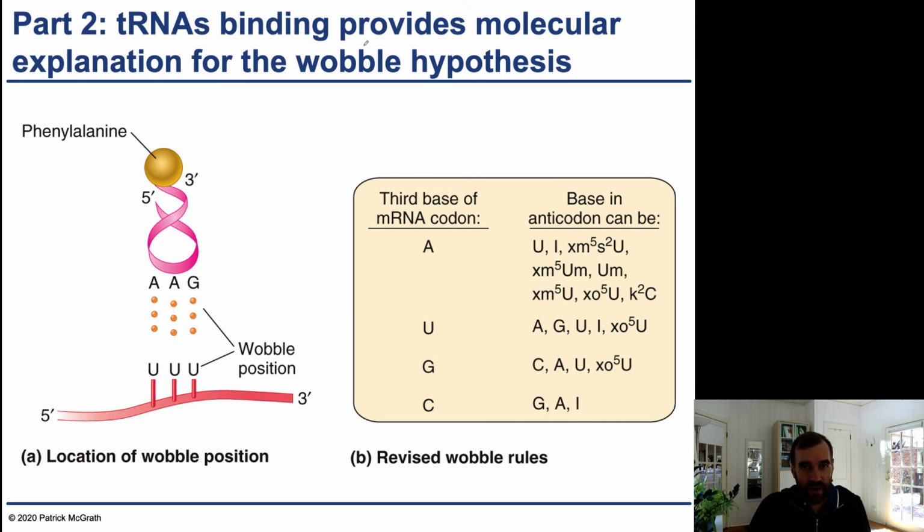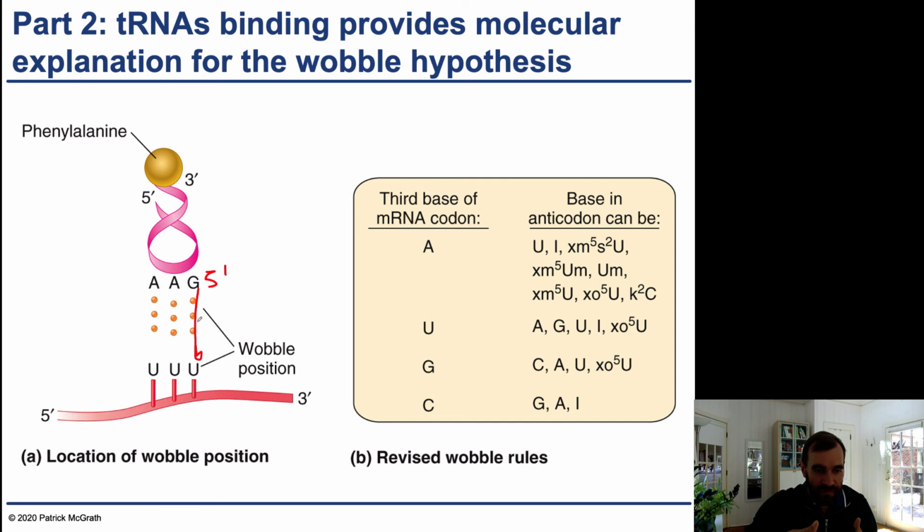So the study of the tRNAs also provided us with a molecular explanation for the wobble hypothesis. So why is that? So the wobble hypothesis says that the binding between this G, which is the 5' in the anticodon in the tRNA, with the 3' nucleotide in the mRNA, this binding is kind of wobbly.